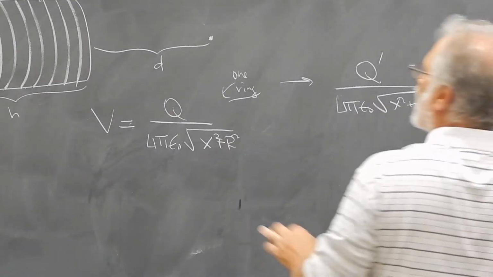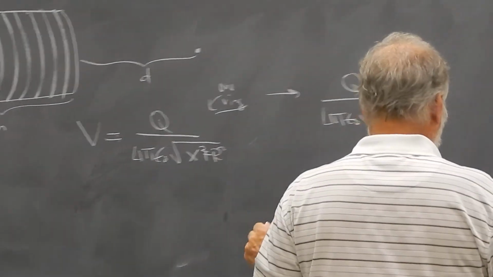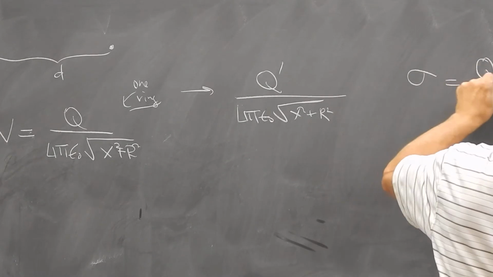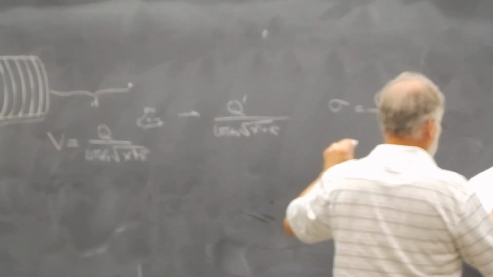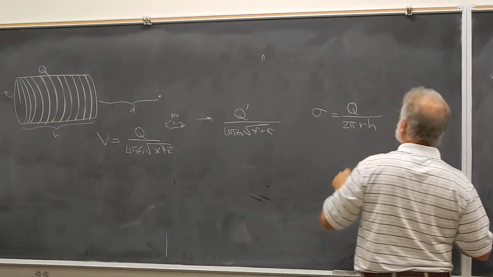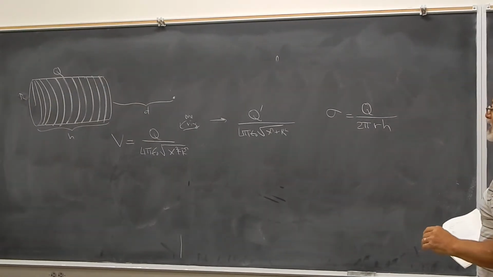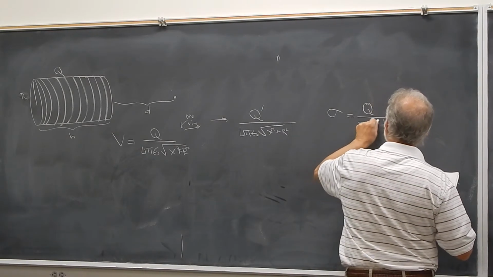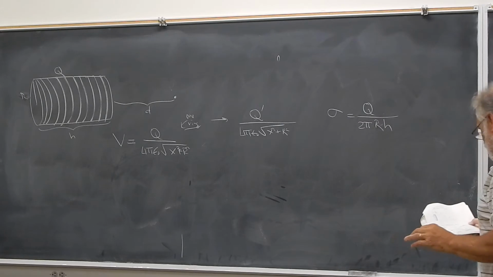I know that I can write my charge density, sigma, as total charge per unit area. The area of a cylinder is 2 pi times the radius times the length h, capital R for the whole cylinder.